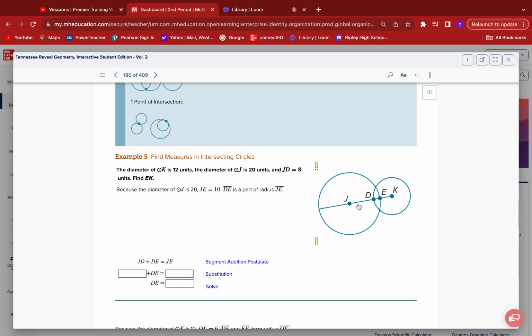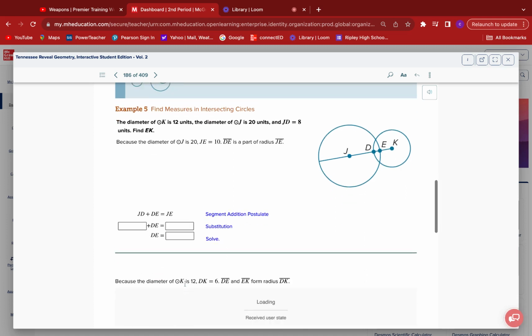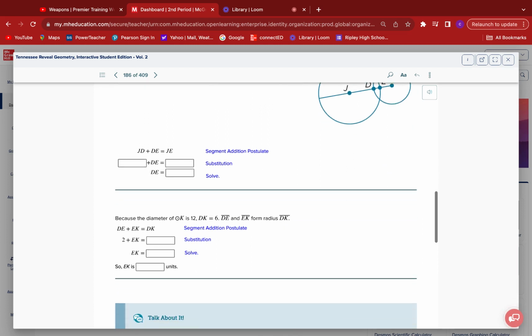Well, if J to E is a 10 and J to D is an 8, then 10 minus 8 is 2. That means D to E is a 2, because 8 and 2 make 10 total. Well, if D to K was a 6 and D to E is a 2, 6 minus 2 is 4 because 2 and 4 make 6. So E to K is a 4.